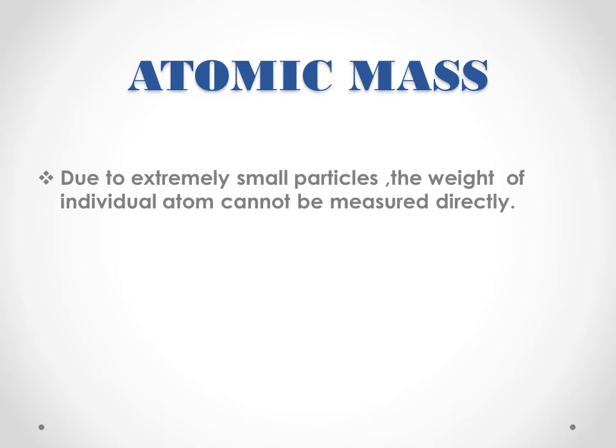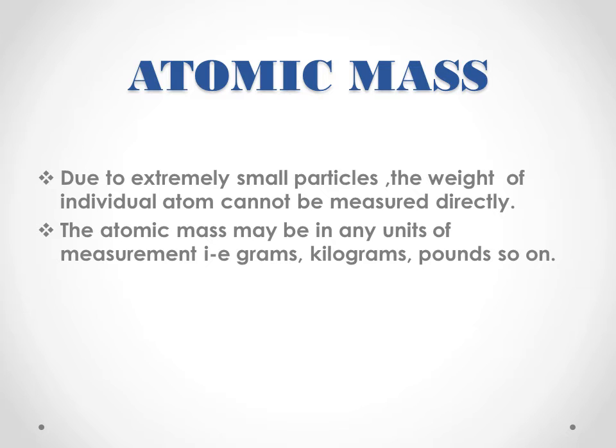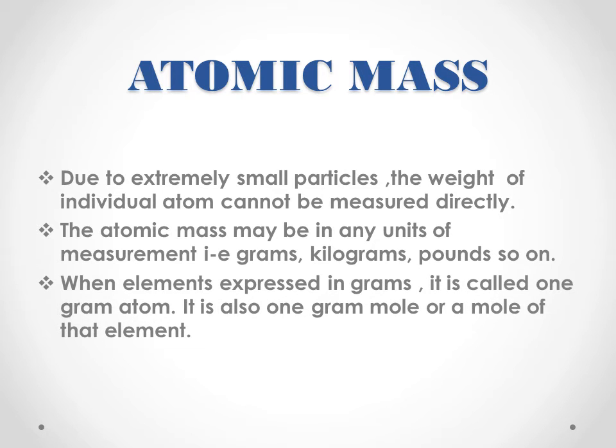Now the next is atomic mass. Due to the extremely small size of an atom, the weight of an individual atom cannot be measured directly. So atomic mass may be in any units of measurement. We say them grams, kilograms, pounds or so on.